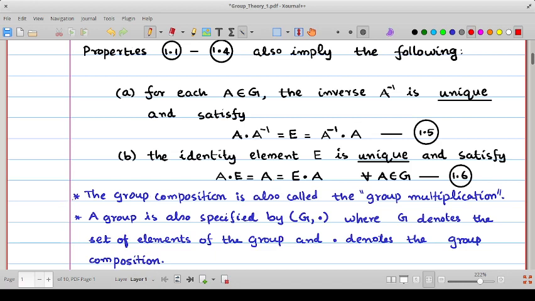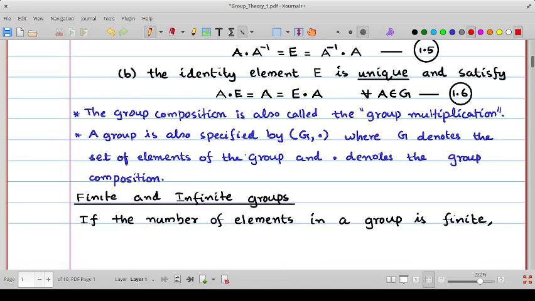Now the group composition is sometimes called the group multiplication, and the group is sometimes specified as the pair G, dot, where G represents the set of elements of the group and dot represents the composition operation.